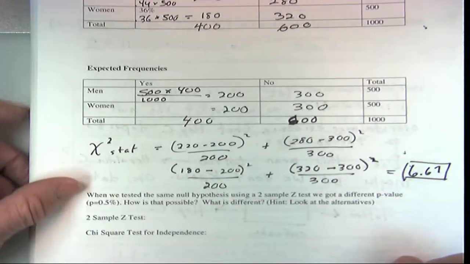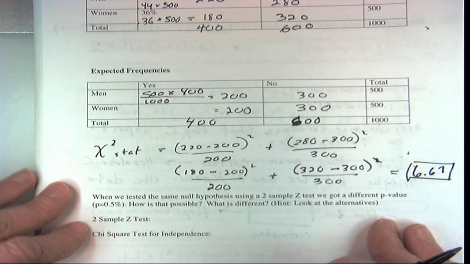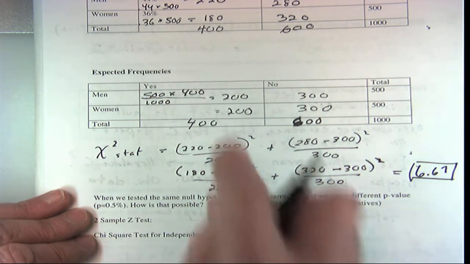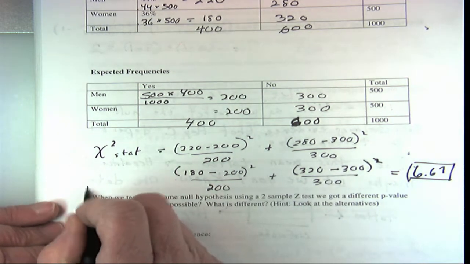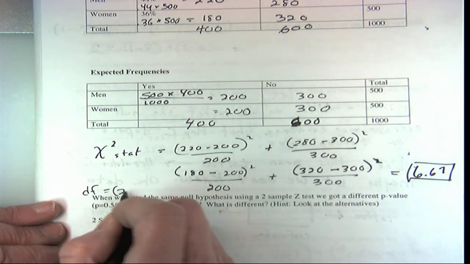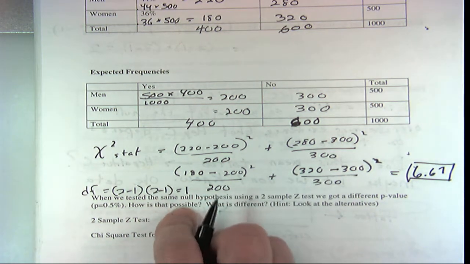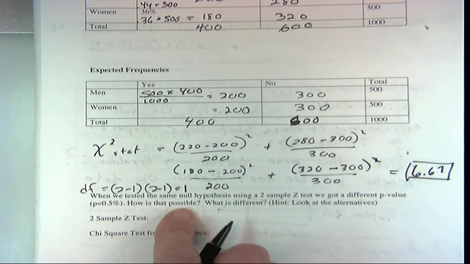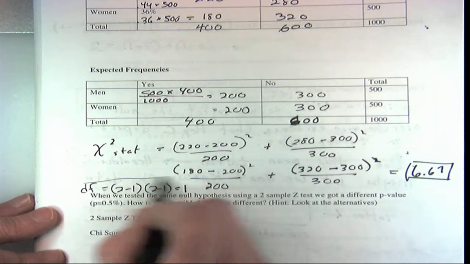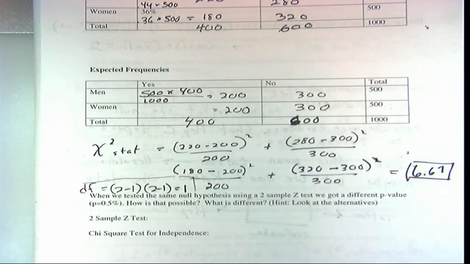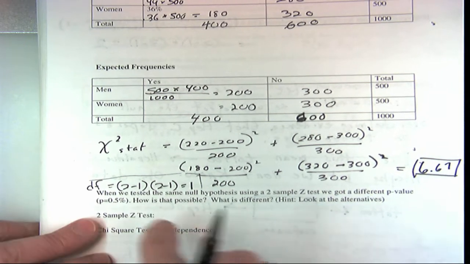All right, degrees of freedom. What are our degrees of freedom? Once you know one of them, degrees of freedom is equal to 2 minus 1 times 2 minus 1, which is equal to 1. So when you have a chi-square test with 1 degree of freedom, it's exactly like a z. It's just 1 z squared. All right? So what did we get?